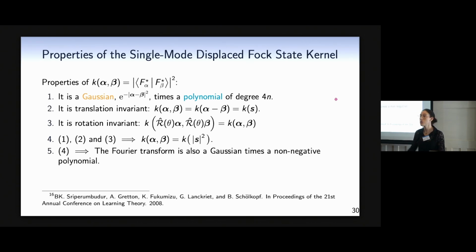And that's nice because you can simply take that Fourier transform and find that it's a Gaussian times a non-negative polynomial, which is nice because that means that it's a characteristic kernel. And if you wanted, you could use it for causal discovery. You can embed probability distributions into this kernel. So it's quite useful.